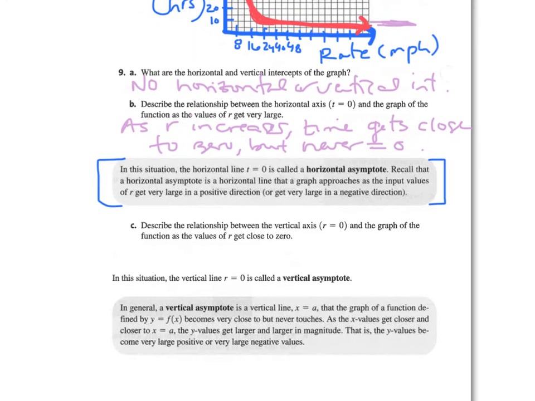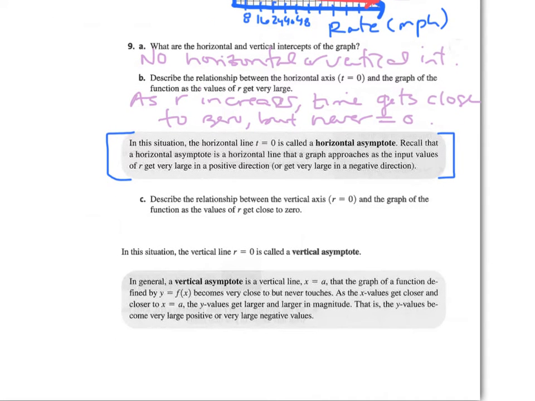Okay. So describe the relationship between the vertical axis as R gets close to 0. So as R gets close to 0, the time goes off to infinity. That's where we just wrote that same thing on the other slide, but we said it increases without bounds. Same thing.